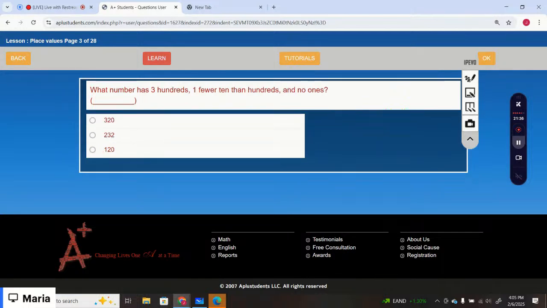What number has three hundreds, one fewer ten than 100, and no ones? So, which is the correct option?